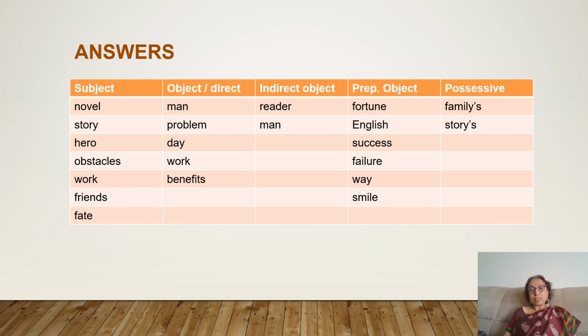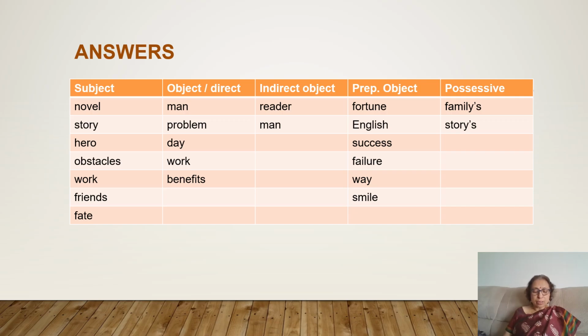So the story's hero becomes a rich man. Man is the object. So we put it under the direct object column. The first time man comes, that is a direct object. Later man will come, I think, as indirect object. We will wait for that. Here the word man is direct object.